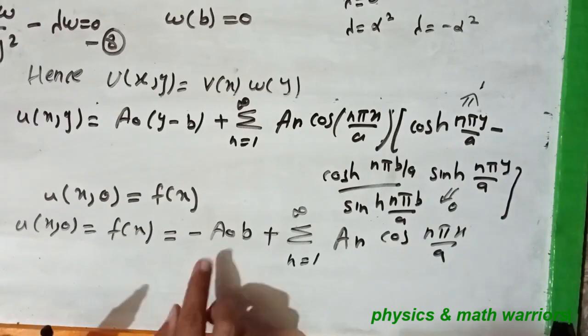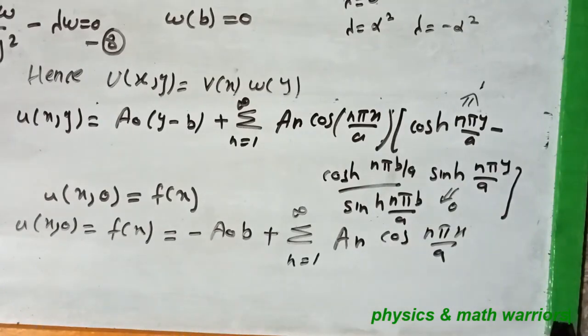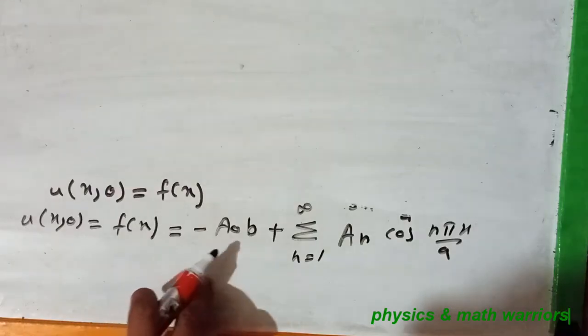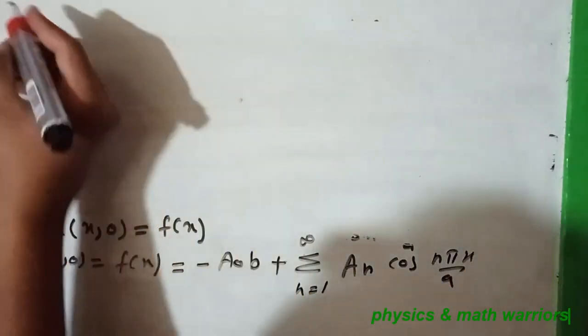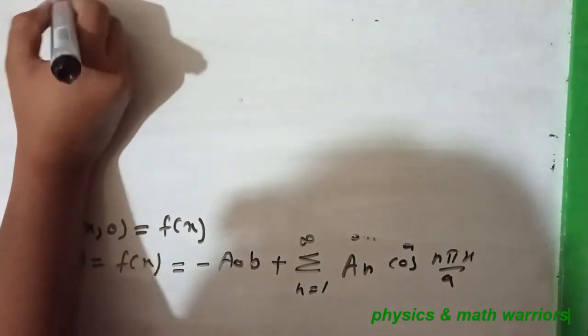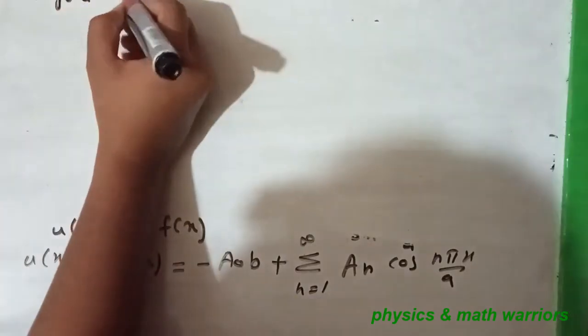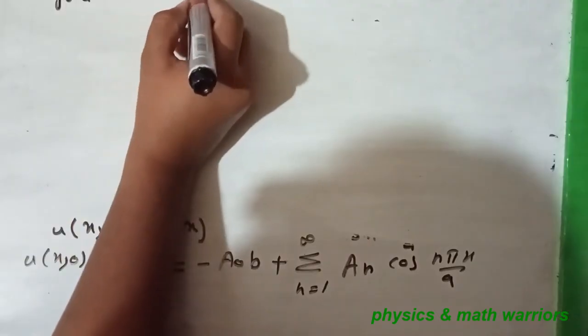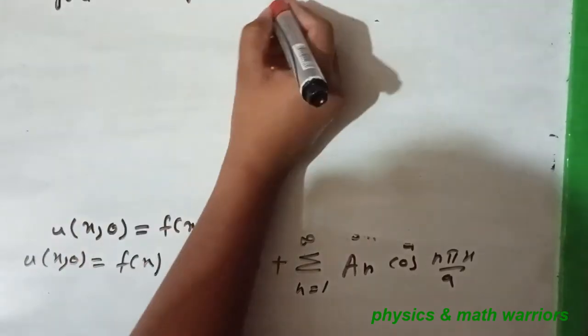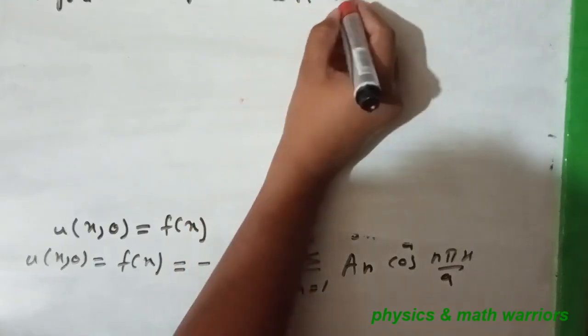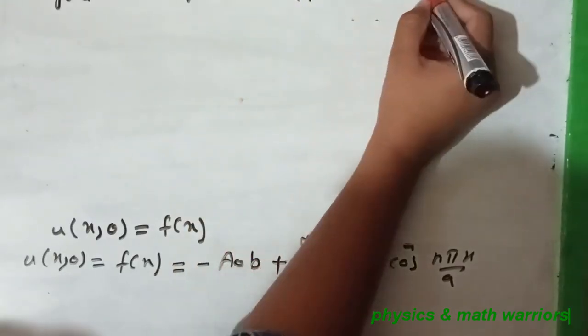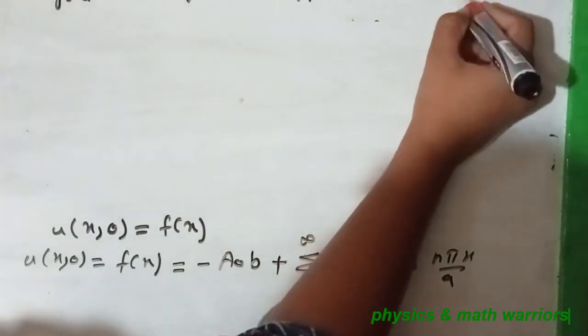Now we will find the value of a naught and an. To find the value of a naught, integrate this equation with respect to x from 0 to a.